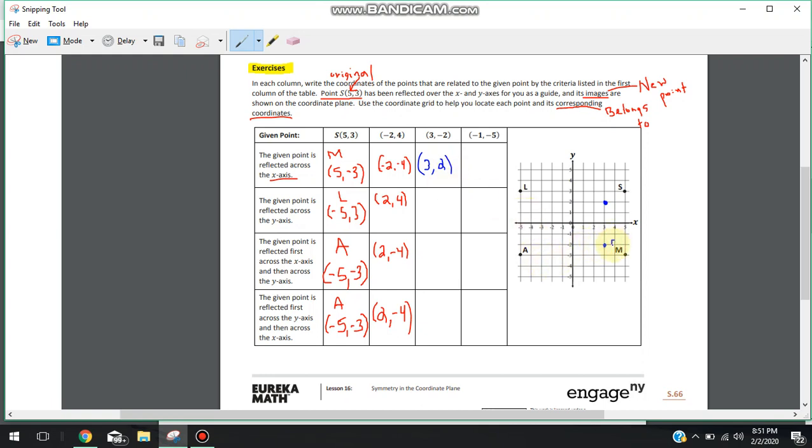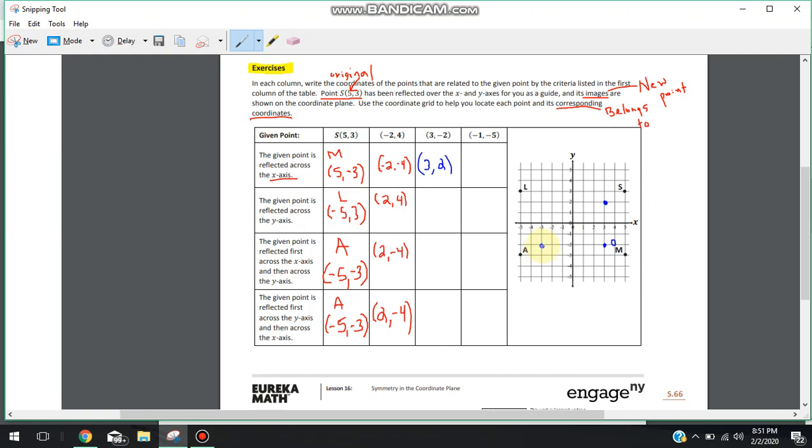So here's my original point. Should probably label it. Okay, so that's going to be O, my original point. Reflected over the y-axis, so I have to move it from here to this direction because I'm reflecting over the y-axis now. So I'm actually 1, 2, 3 away from the y-axis to the right. So that means I'm going to start at my y-axis and move 1, 2, 3 to the left.